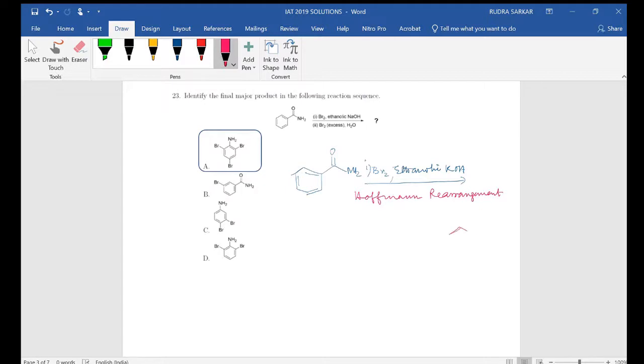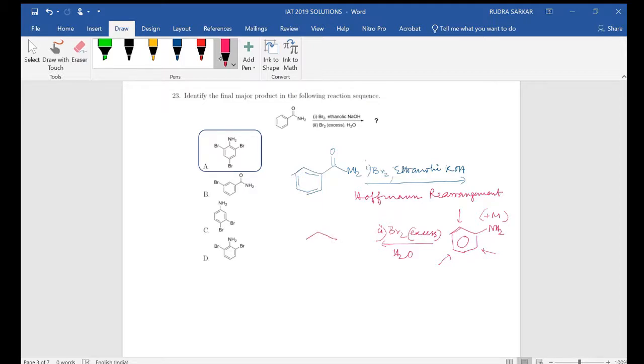And in the process benzamide will get converted to amine or aniline. Aniline, if you treat it with excess amount of Br2 in presence of water, will undergo electrophilic aromatic substitution reactions, because aniline is having +M effect and makes the ring highly electron rich.